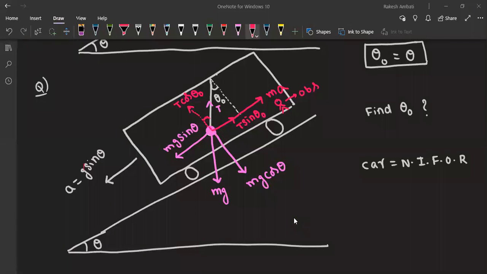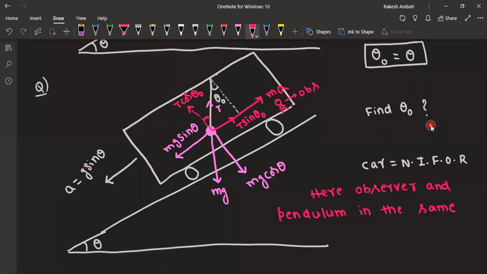Write down. Here the observer and pendulum are in the same frame.